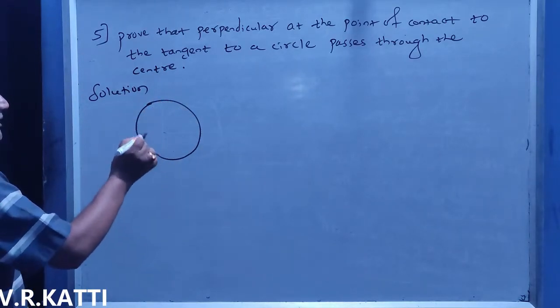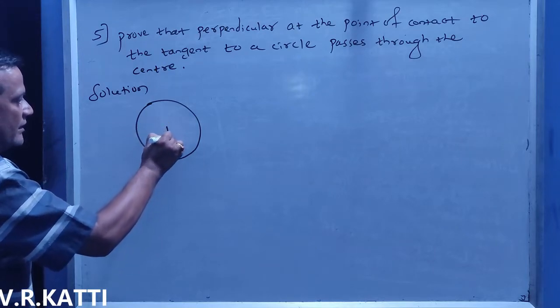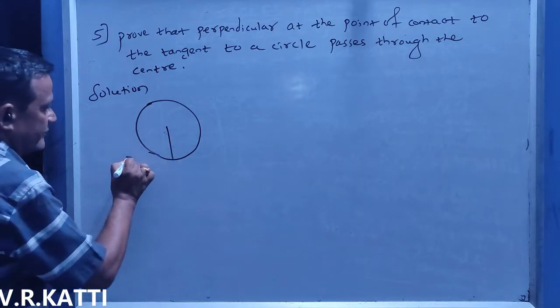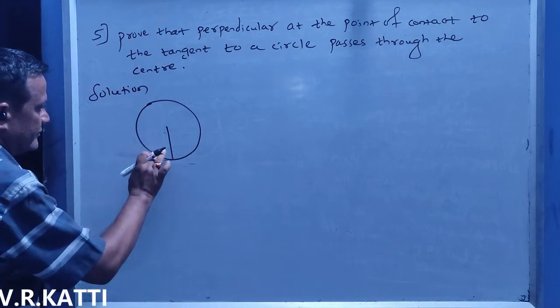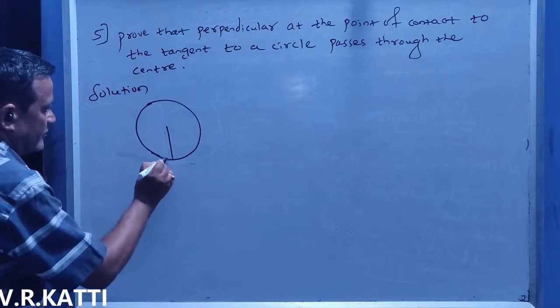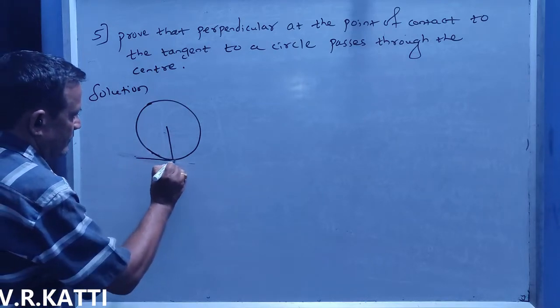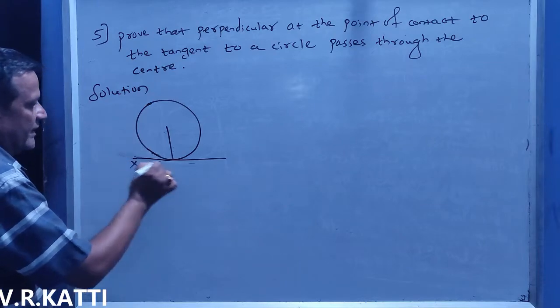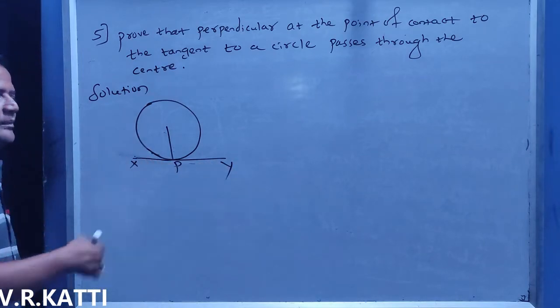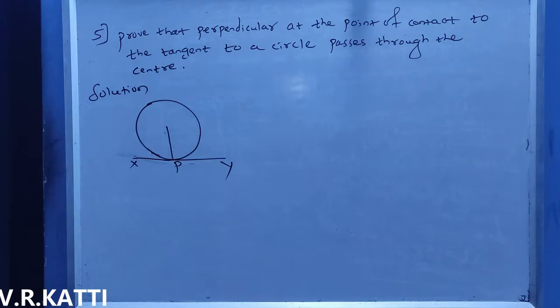Draw the circle, draw the tangent XY. Let P be the point of contact.